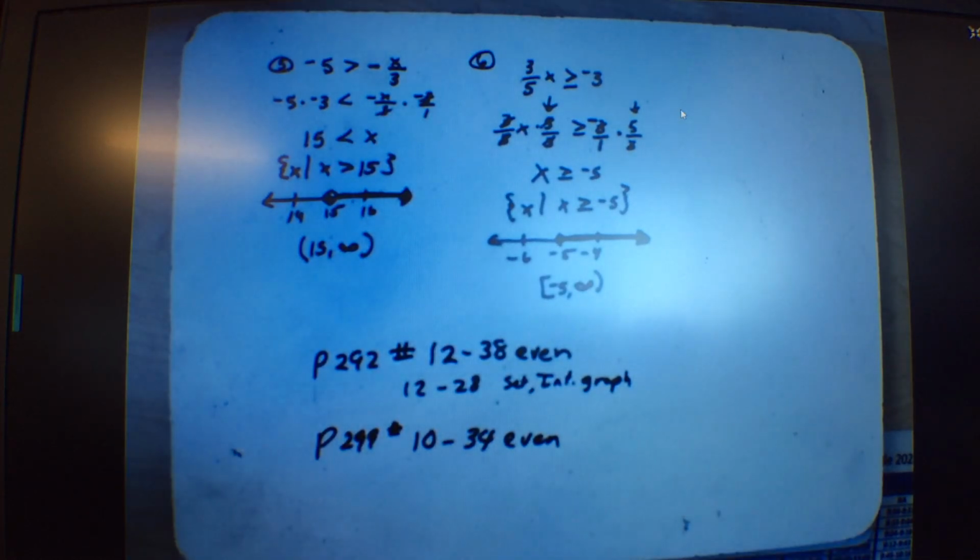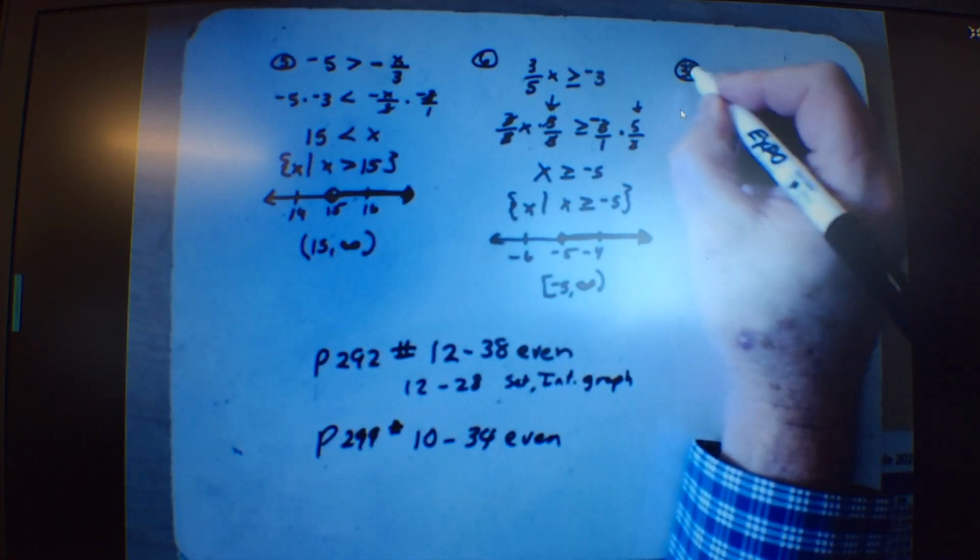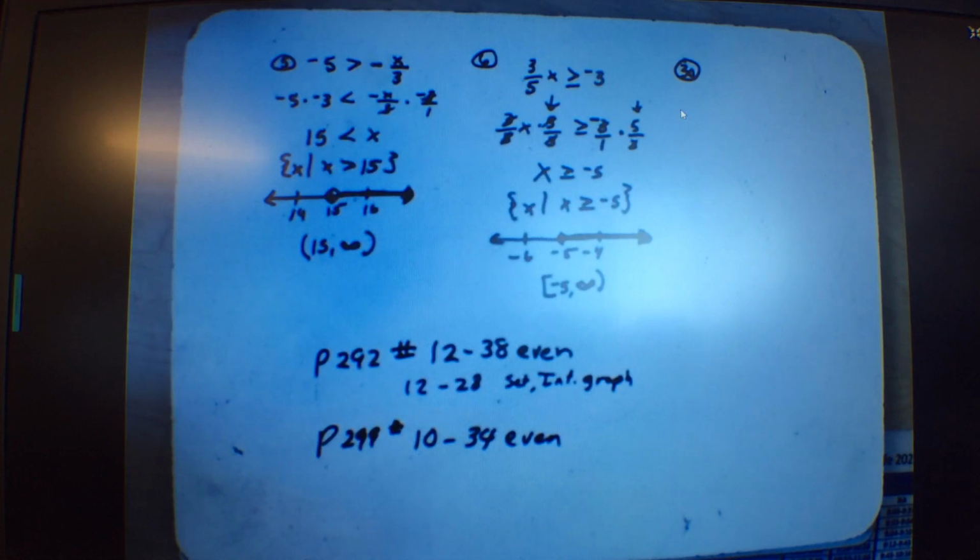Okay, so let's do one of these. Let's do number 30 on page 299. Thank you, Ashley. Read it with me. To remain on the cheerleading squad, Lakita must attend at least 3/5 of the study table sessions offered. She attends 15. If Lakita met the requirements, what is the maximum number of study table sessions? Okay, how do I do this?